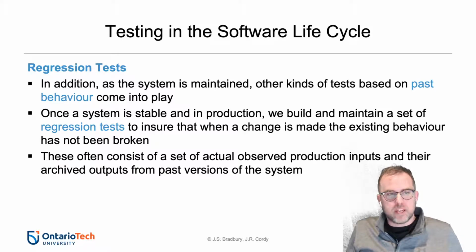So we want a way of verifying that the outputs we've achieved in past versions of the software still work. That is what regression tests are about. It's about ensuring that when we make a change, a bug fix, a feature enhancement, or whatever, the existing behavior doesn't get broken.